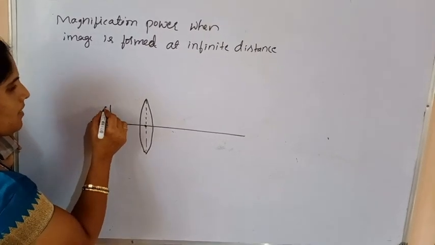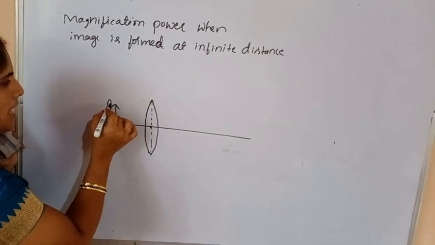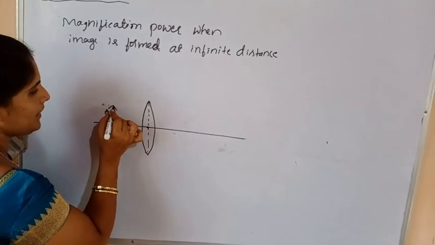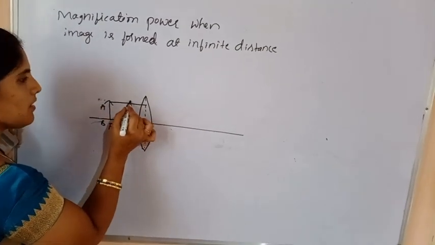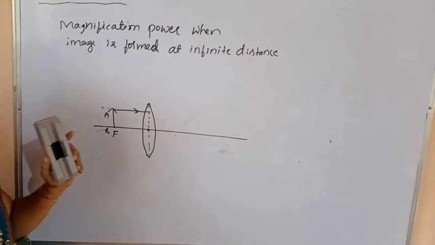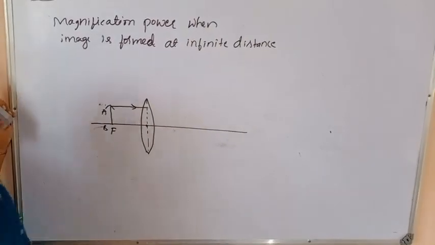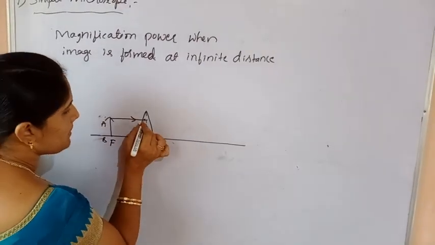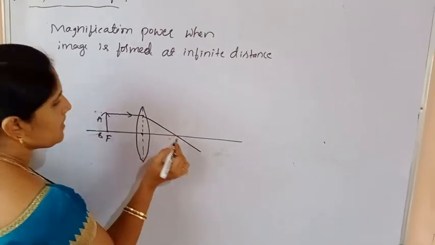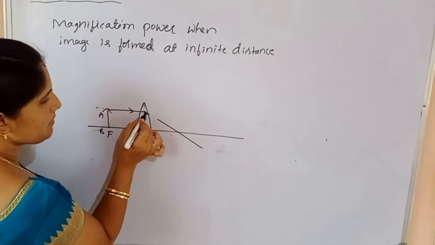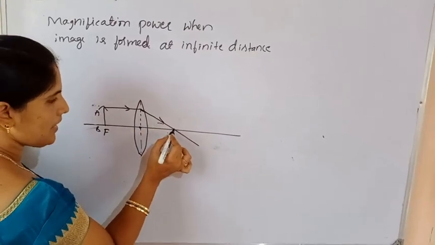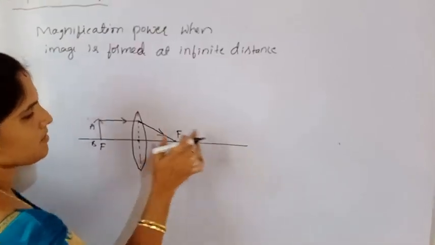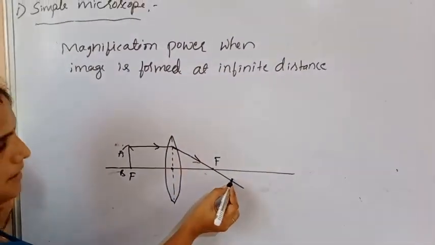This is the object AB. A ray of light entering the lens like this is the incident ray, and it gets refracted. After refraction, it is focused on the point of the principal axis that is called the principal focus, F. So this is the refracted ray.